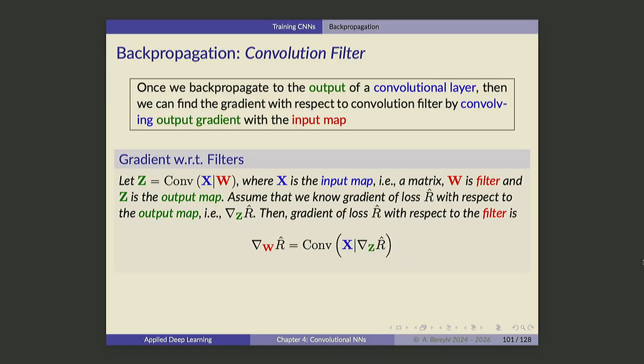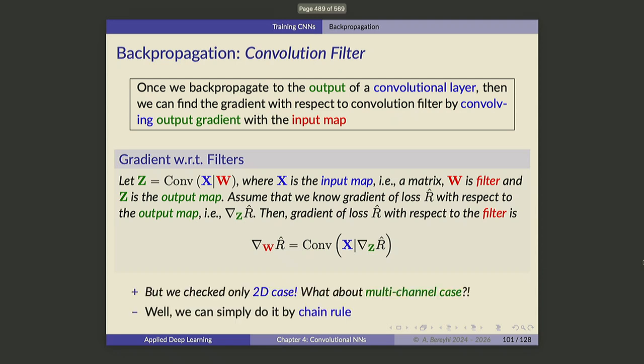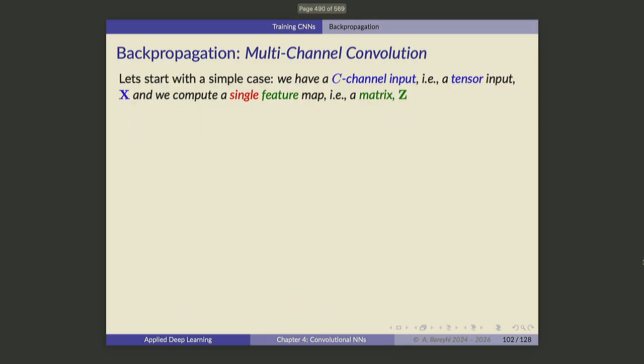As long as you have one function on your computer getting two maps, computing the convolution for you, you can use it for forward and backward pass, right? Any questions? No question? Cool.